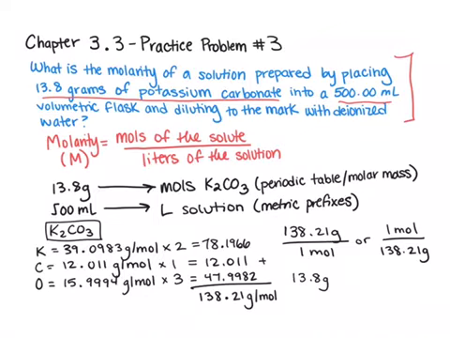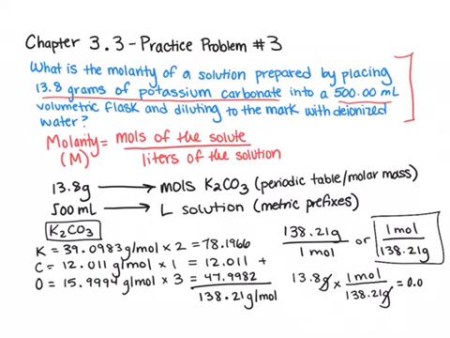So I am going to use this second conversion factor. That way I'm dividing by the molar mass and we can cancel out grams and be left in moles. As you can see, if I write it that way, this grams and this grams can cancel out. And now we are just left in moles of potassium carbonate. So this is equal to 0.0998 moles of K2CO3.